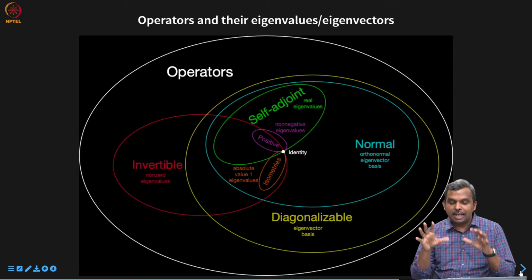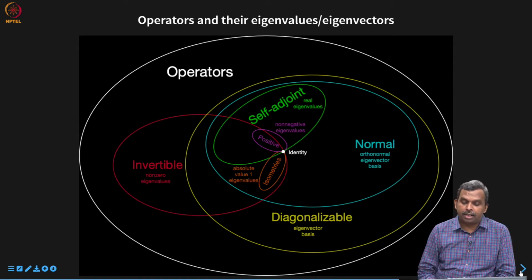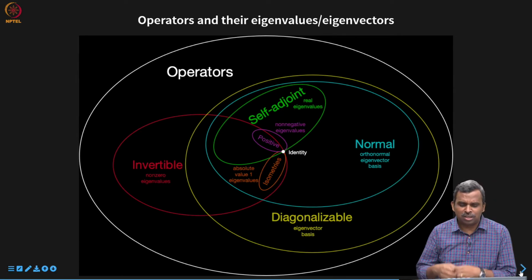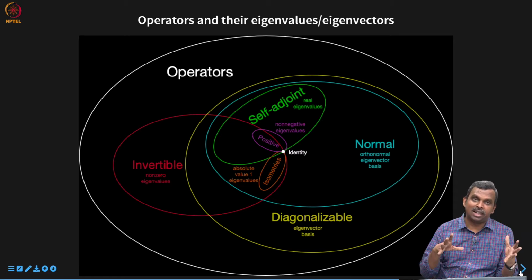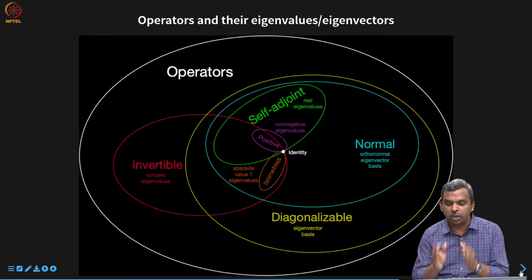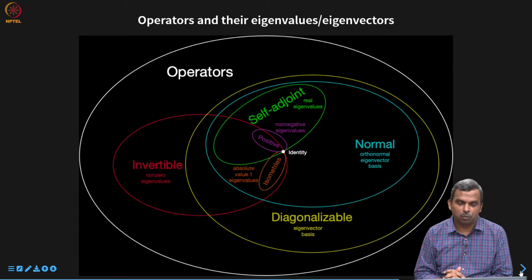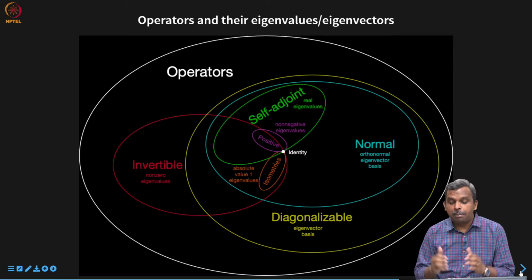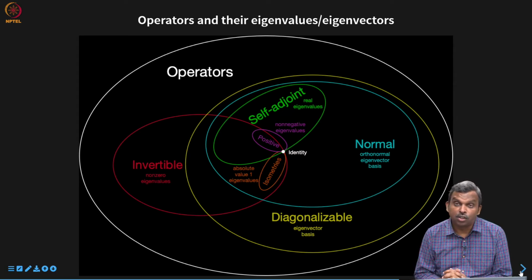Now inside diagonalizable, we go in and classify way more. Of course, there are also a lot of operators outside diagonalizable which you might want to classify, but we are not looking at that too much. We are looking at inside diagonalizable. So one big set is the normal operators.